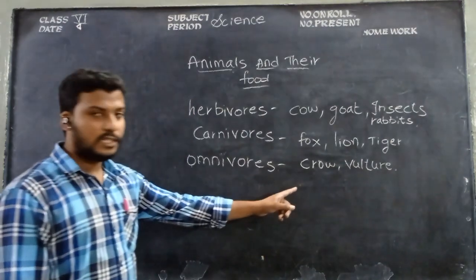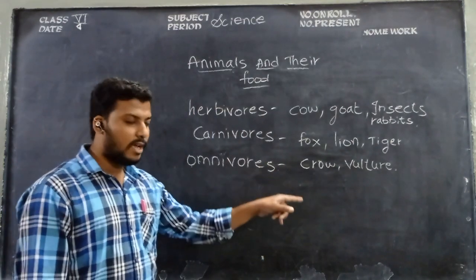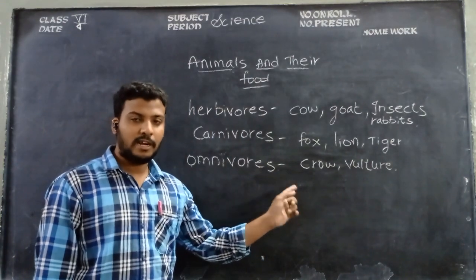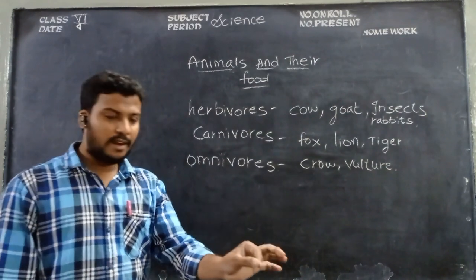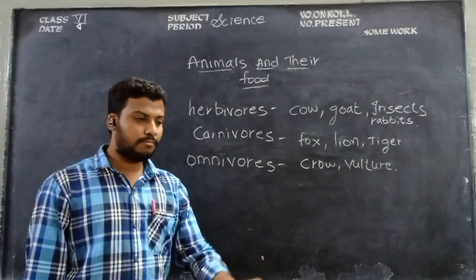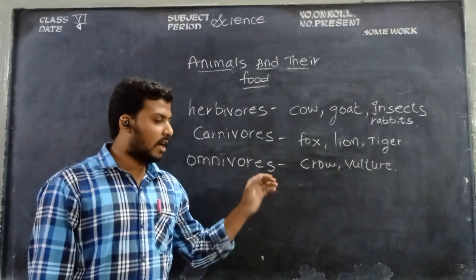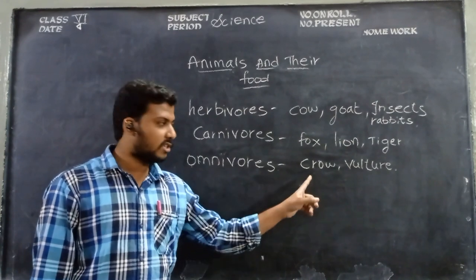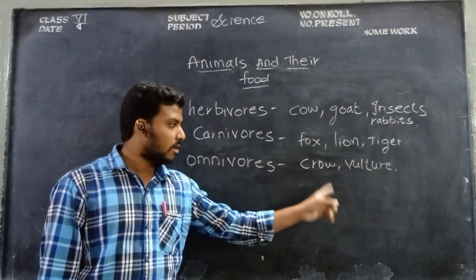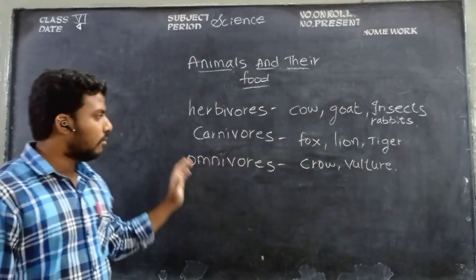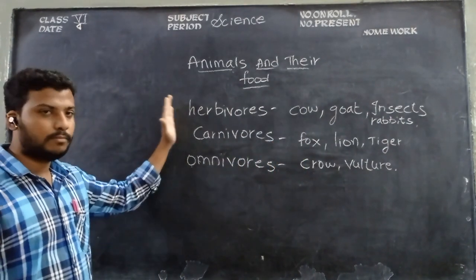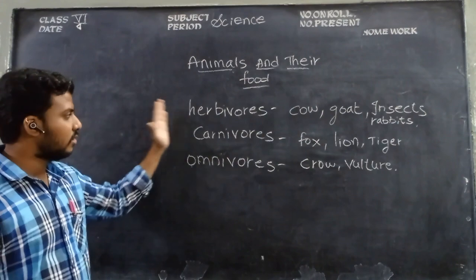Children, a crow eats both plant products as well as animals. You might have seen that if there is a dead animal like a rat on the ground, it starts eating it. And the vulture too. Most of the time you might have seen this.